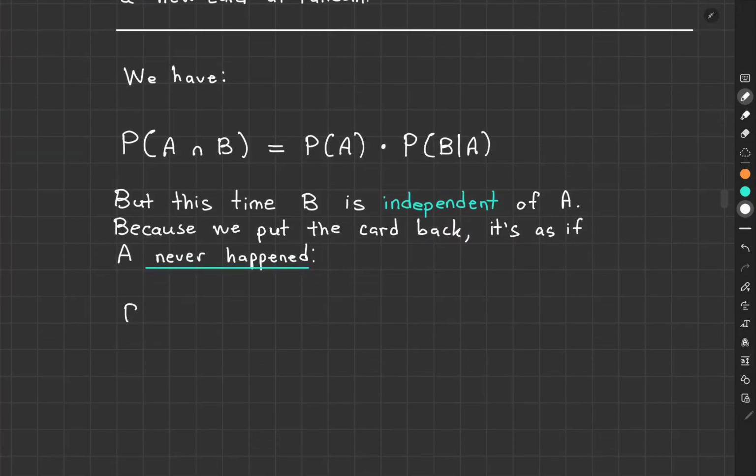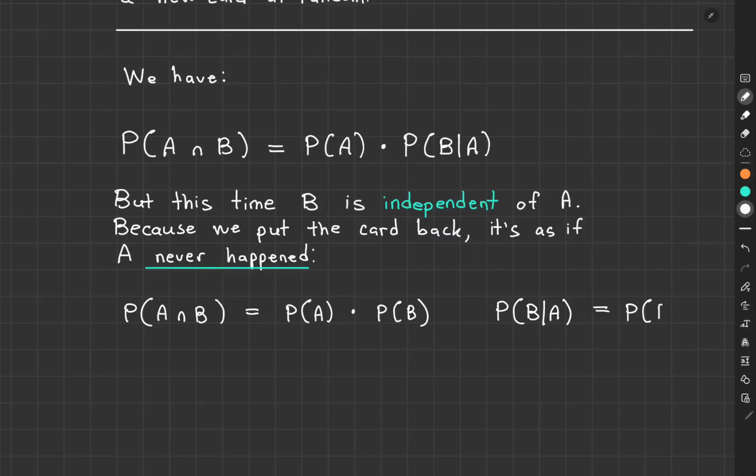That means our formula just becomes the probability of A times the probability of B. For independent events, B given A is just equal to the probability of B, so we don't need to consider A happening anymore. This is the case for independent events.